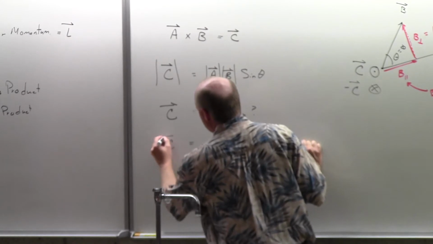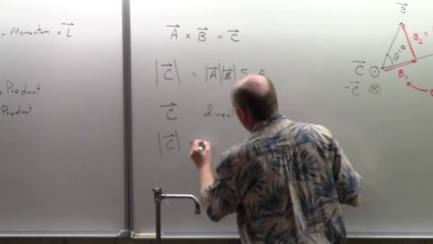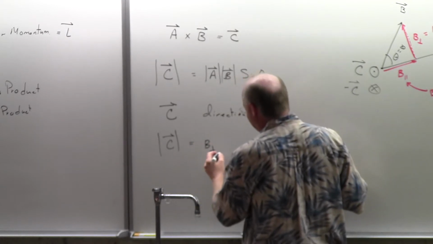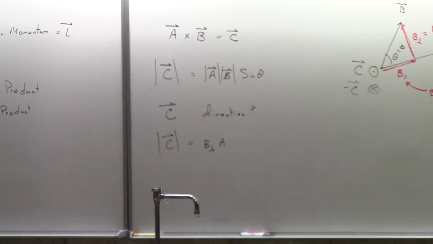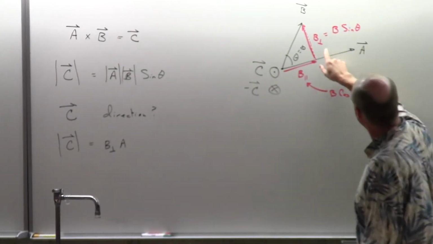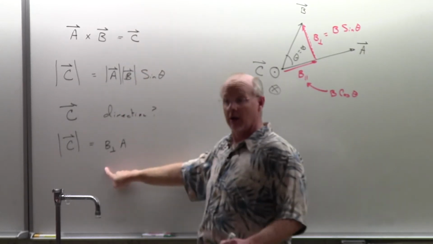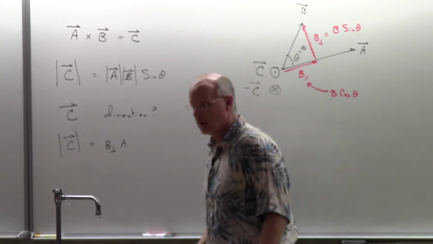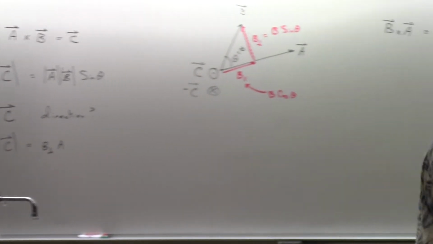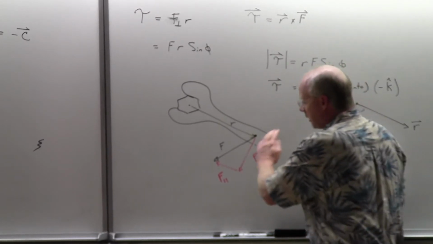The magnitude of C could also be found by just saying how much of B is perpendicular to A. And I'm hoping you're seeing that that's really the same thing, isn't it? I mean, if I combine B with sine of the angle, that is the perpendicular part of it. And it is nothing more than coming over here and saying, let's not even look at the total force.